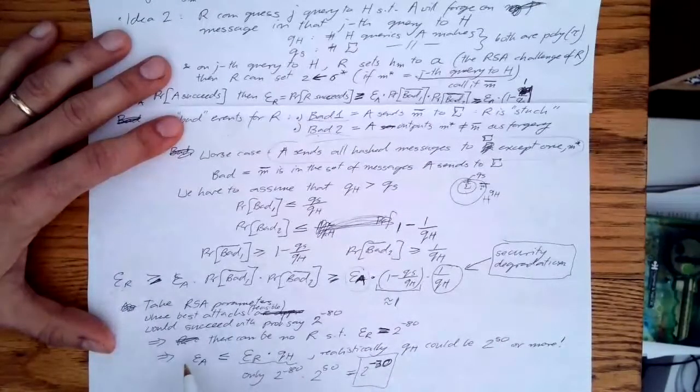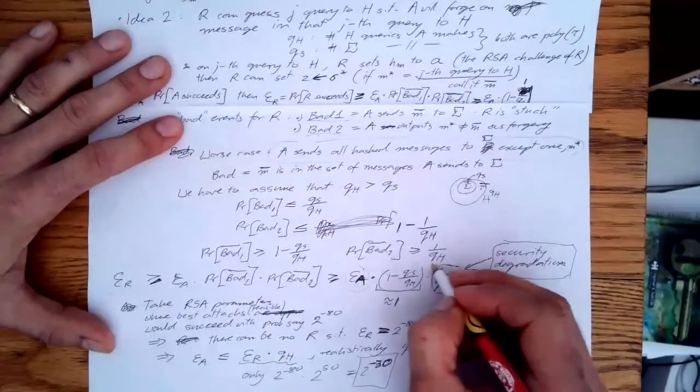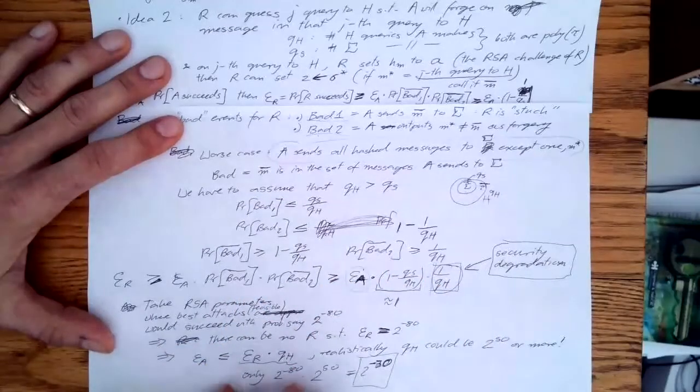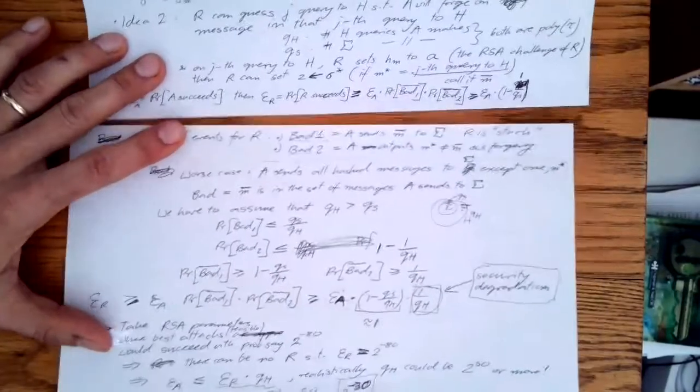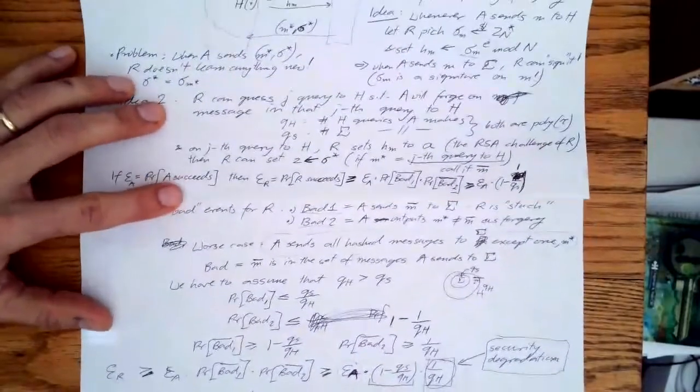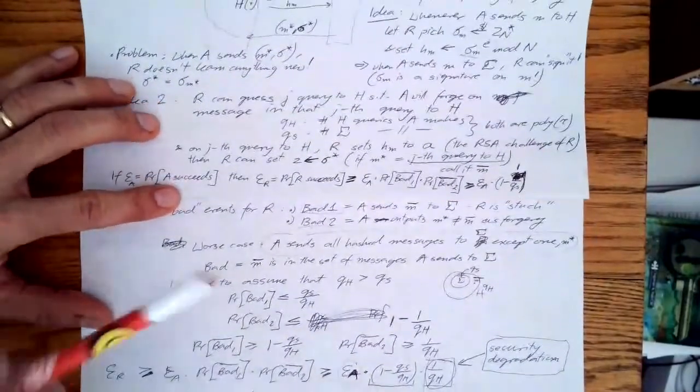Okay, so this is not a great bound. Asymptotically, it works. If you plug in concrete numbers, it works less well. So where is the issue?